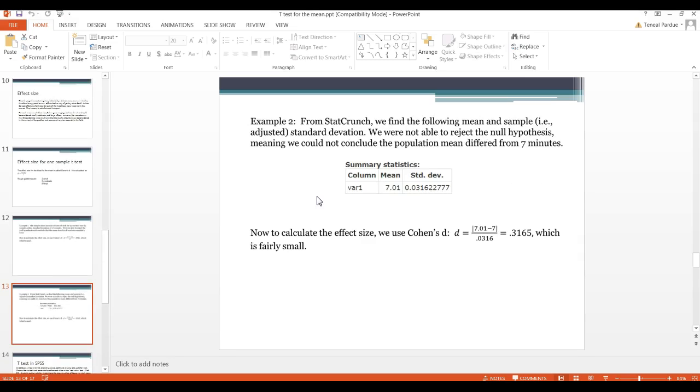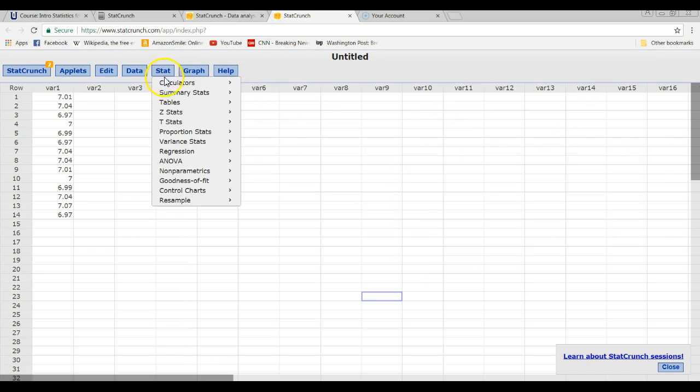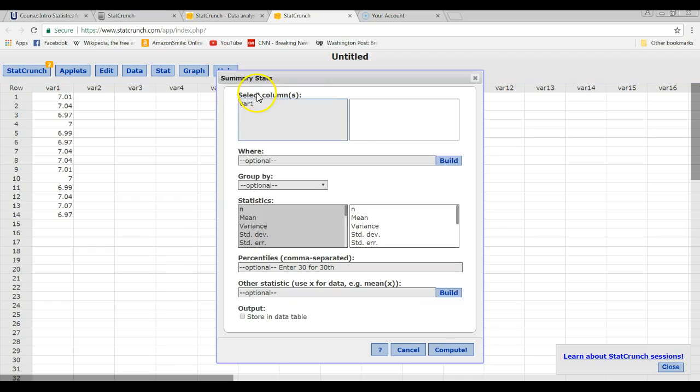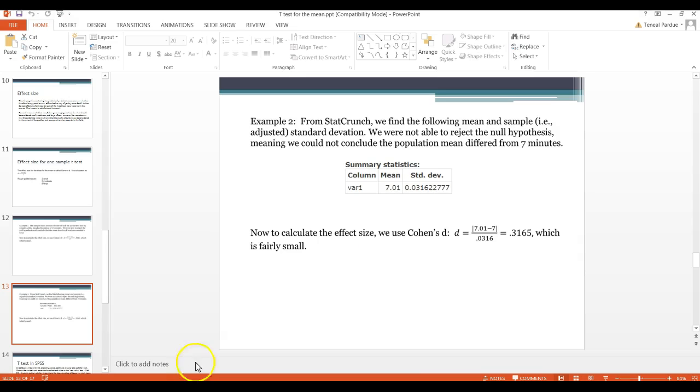So from the second example, for this example, I went and ran the summary statistics, and got the mean and standard deviation. Okay, so we need the mean and standard deviation to do this calculation.